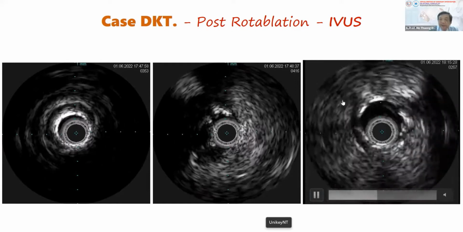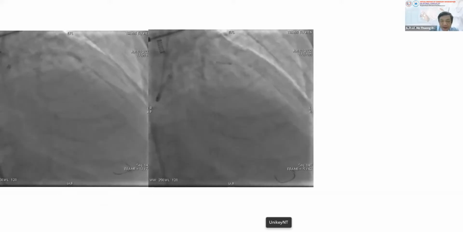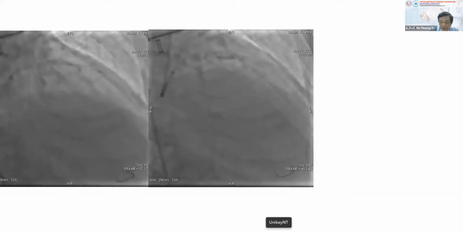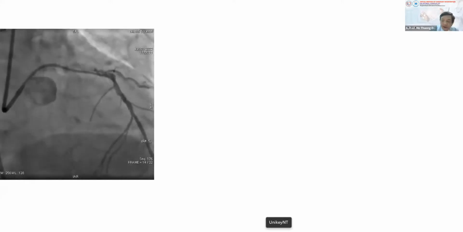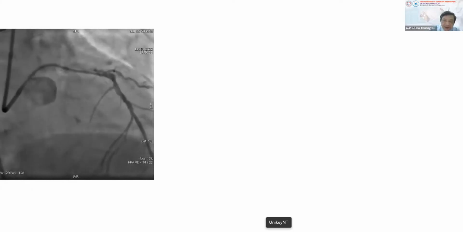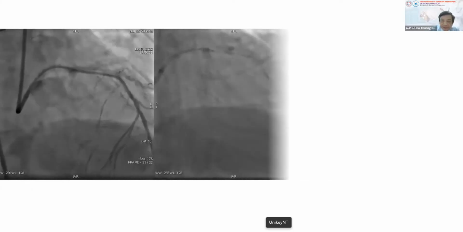So I continued in the angiogram. You can see small balloon pre-dilatation, cutting balloon, and we used a guide extension to bring the distal stent to the mid, covering the severe stenosis.